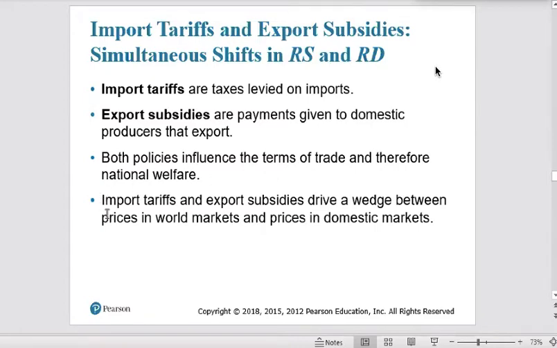Okay, import tariffs and export subsidies drive a wedge between the price in the world market and the price in the domestic market. How does it work?